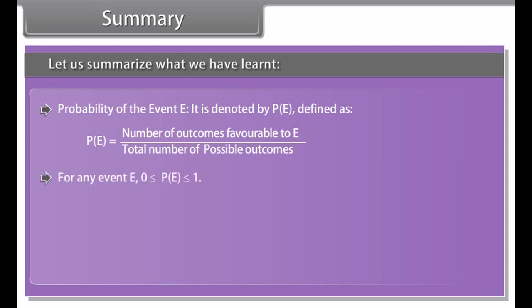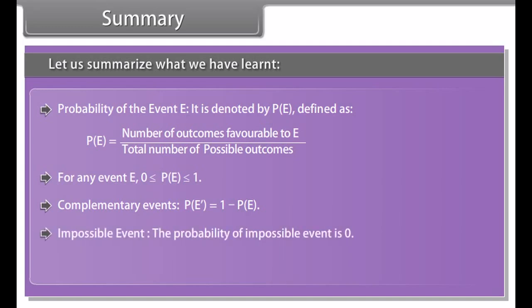For any event E, 0 less than or equal to P(E) less than or equal to 1. Complementary events: probability of event not E is equal to 1 minus probability of event E. Impossible event: the probability of an impossible event is 0. Sure event: the probability of a sure event is 1.